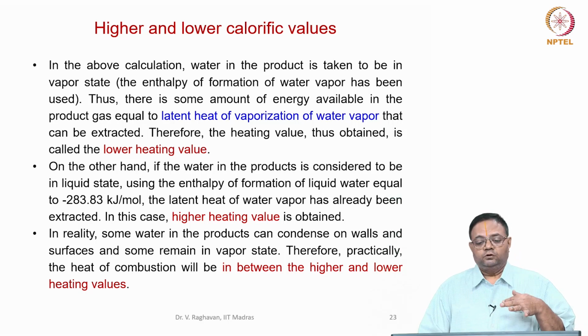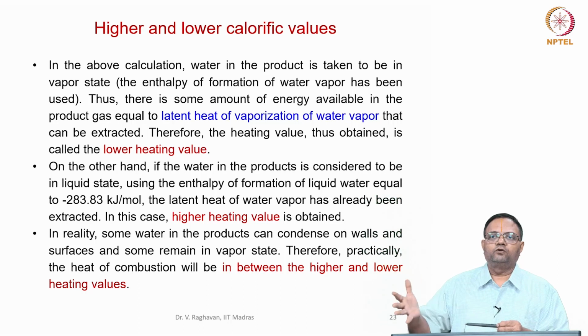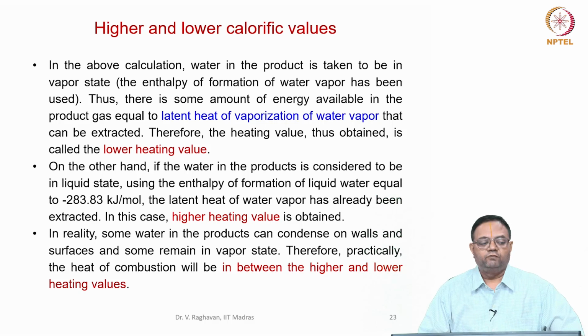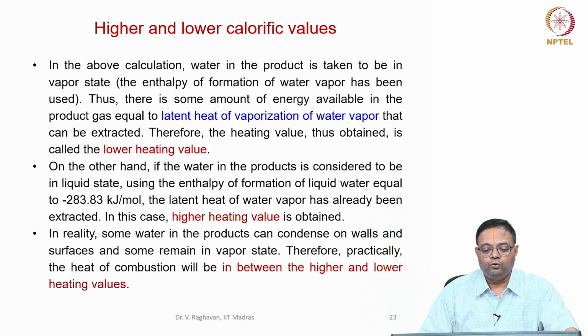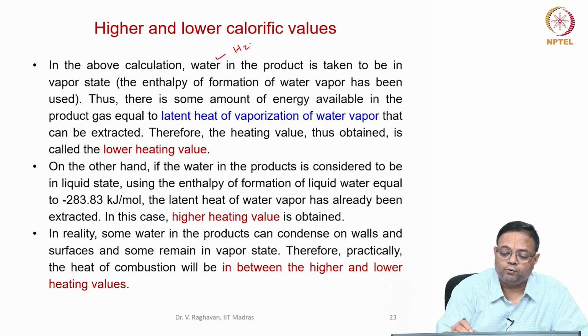Now, heating value and calorific value are the same, but there is one important thing we have to consider here. Is this a lower heating value or a higher heating value? What do you mean by lower and higher heating value? It comes in because of the fact that there is H2O in the product.